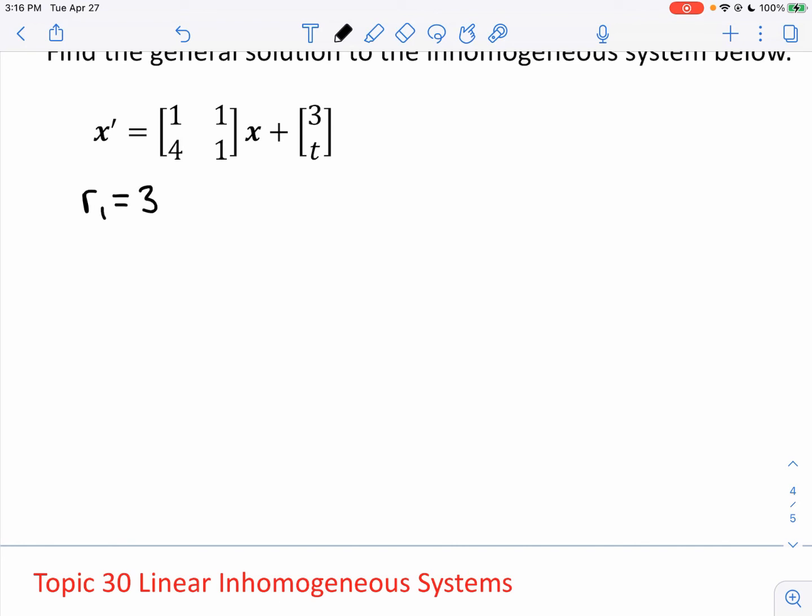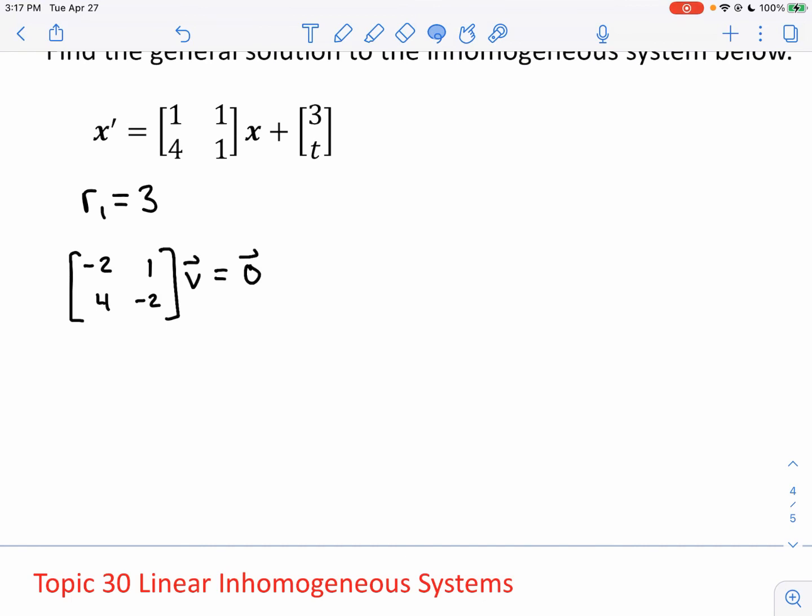In order to do that, we have to rewrite the coefficient matrix after we remove the eigenvalue from the main diagonal. So subtract 3 from the main diagonal. It looks like -2 and -2. The other entries do not change. And then you want this to be multiplied by an eigenvector and produce the 0 vector back. You're looking for a solution to this. We can use row operations to do this, or you can just think through it and try to think of one that'll make this happen.